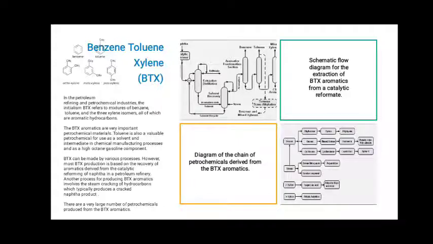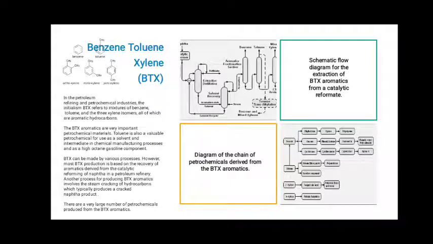The BTX aromatics are very important petrochemical materials. Toluene is also a valuable petrochemical for use as a solvent and intermediate in chemical manufacturing processes and as a high-octane gasoline component.